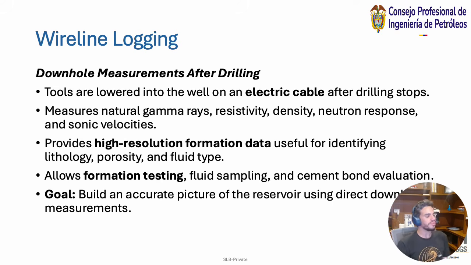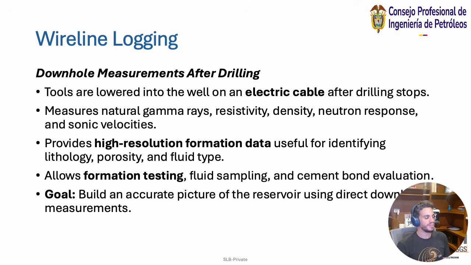Depending on the tool. But here is where it gets pretty interesting in the world of physics. Like I mentioned, we use Einstein, we use Archimedes, we use a lot of crazy nuclear technology, and this is where it comes into play. So, for example, here we're measuring gamma rays, resistivity, density, the neutron response, because a neutron is similar in size to a hydrogen, which only has one valence electron.